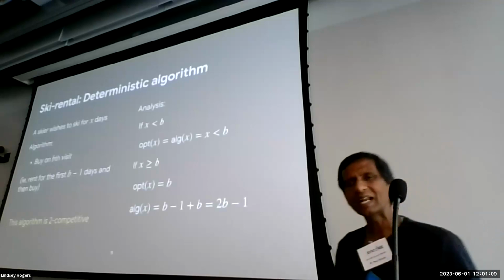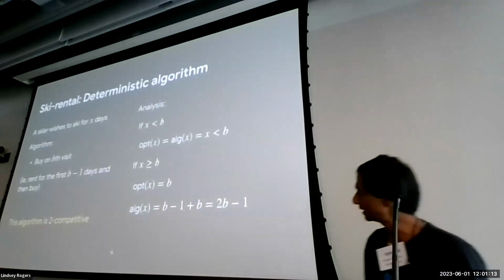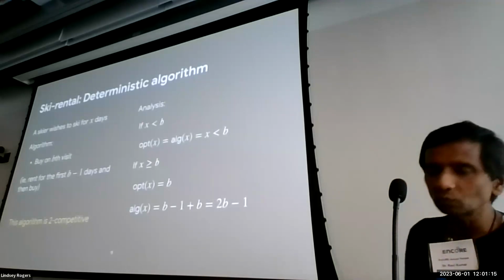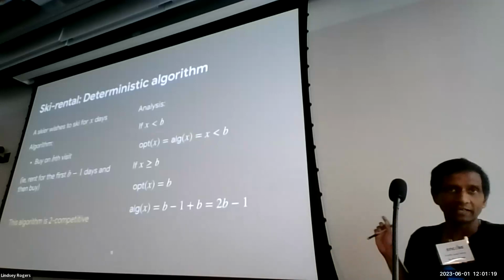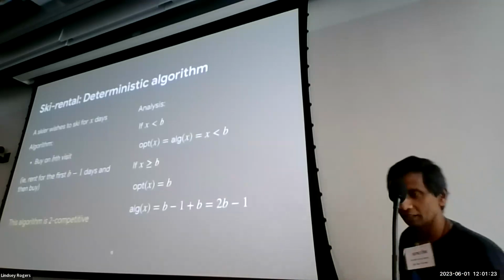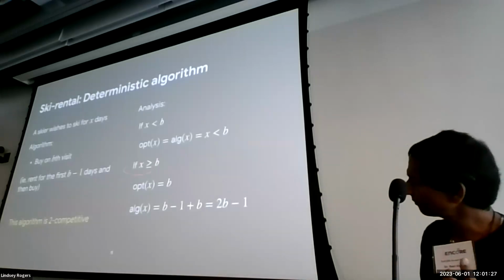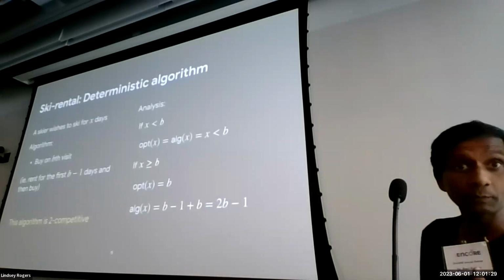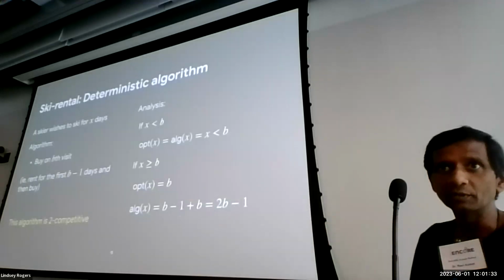The claim is that you never spend more than twice the optimal cost doing this. It's a very simple argument. If the true number of days I'm going to ski is less than 7, then I'm fine, I'm optimum. The only time I make a mistake is when I think I won't ski for more than 7 days, but I actually do, and then I end up spending twice the amount.